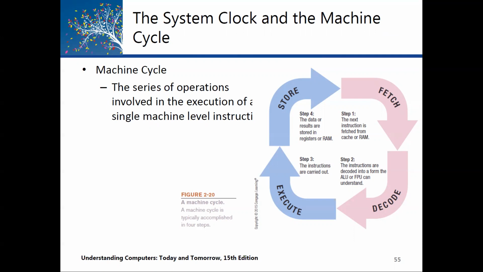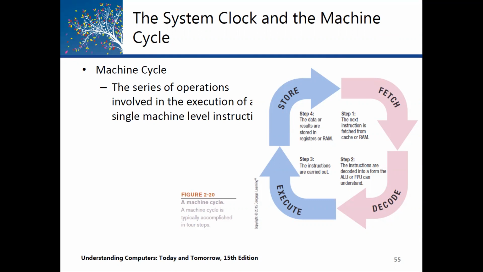Then decode: the instructions are decoded so the control unit, ALU and FPU can understand them. We discussed it already. All the instructions that are fetched will be decoded based on the instruction set of the processor's architecture, so that the ALU, CU, and FPU can understand those instructions, right?